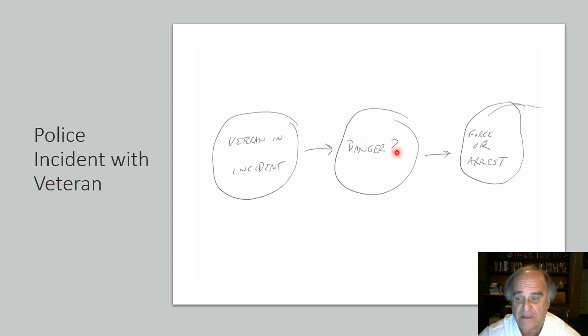Well, we might argue that the mediator is perceived danger. So now we can have a model. We can manipulate what kind of an incident the veteran is involved in. We can then measure the mediator, perceived danger. And then we measure, of course, the dependent variable. What kind of decision does the police officer make about an arrest or the use of force?